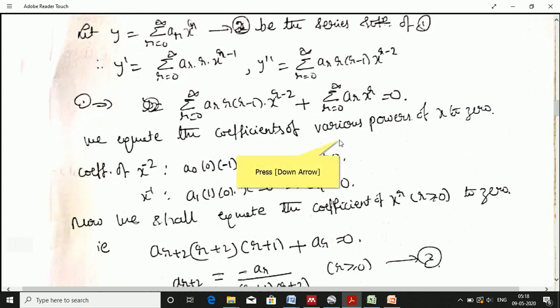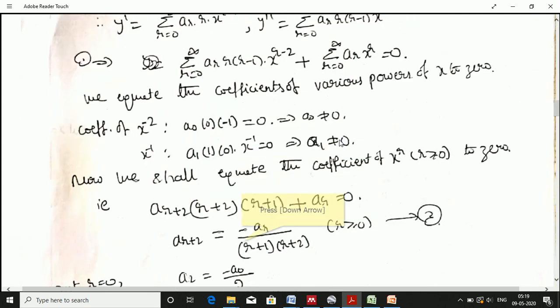The general term is x power r. Its coefficient will be, for x power to become r, r must be equal to r plus 2, since r plus 2 minus 2 is r. And in the second term, for r equal to r itself, x power is r.